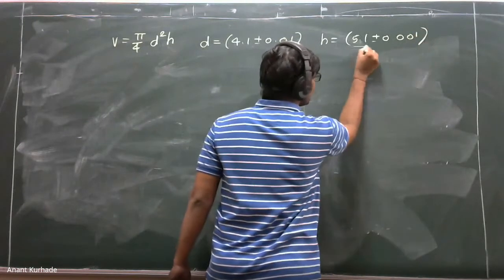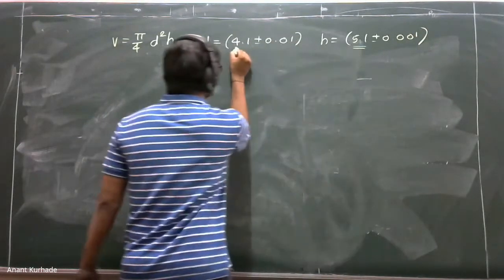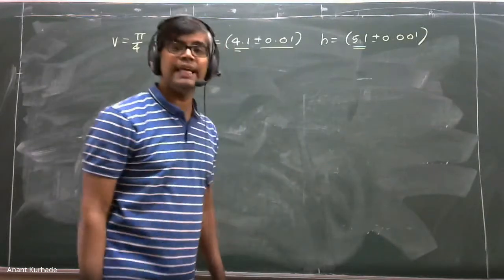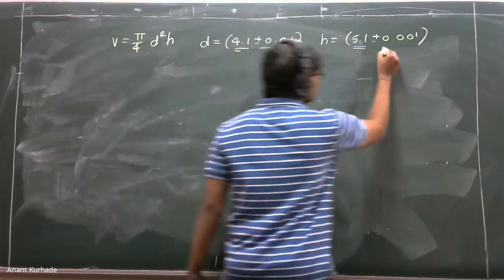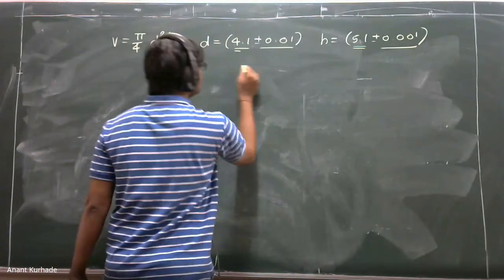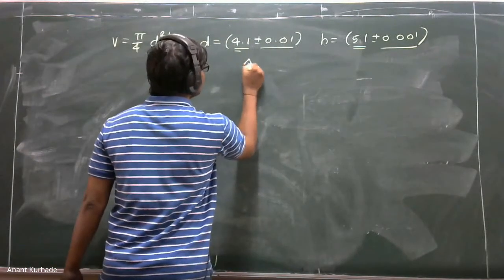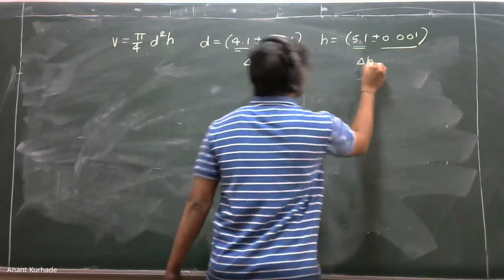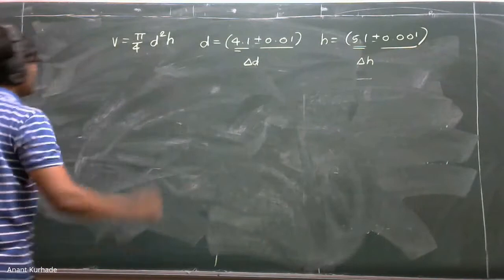So this is the actual diameter, and plus minus 0.01 is the error. This is the actual height, and 0.001 is the error. So the error in D is given as delta D, and the error in H is given as delta H.